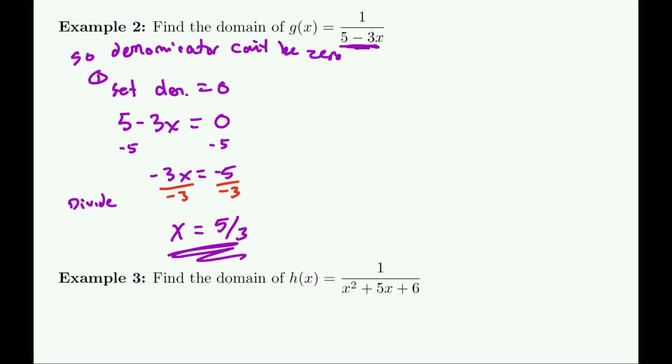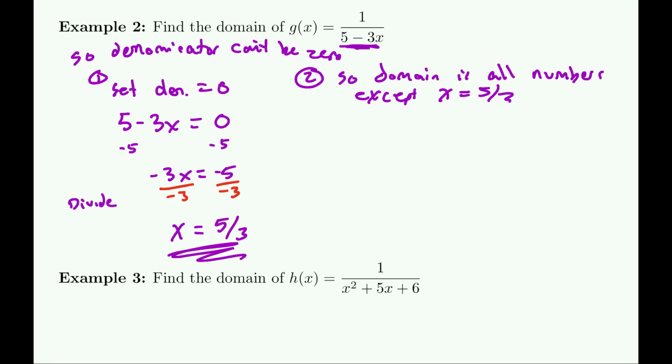Now remember, that number is not the domain. That number is what is not allowed. So the domain is everything except that: all numbers except x equals 5/3. Now, how do you write that?